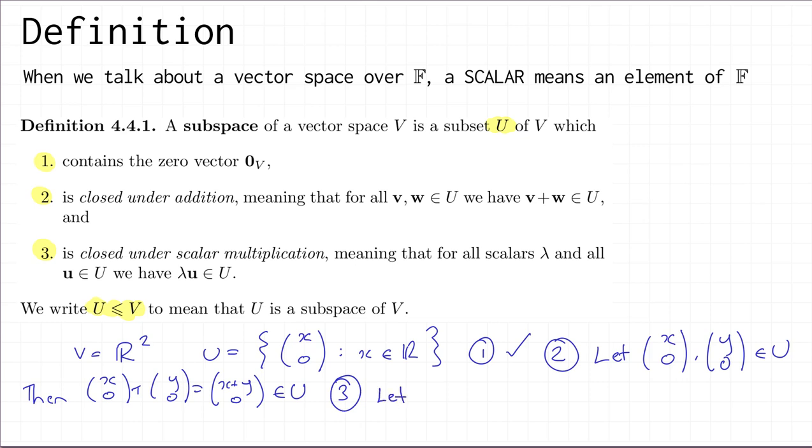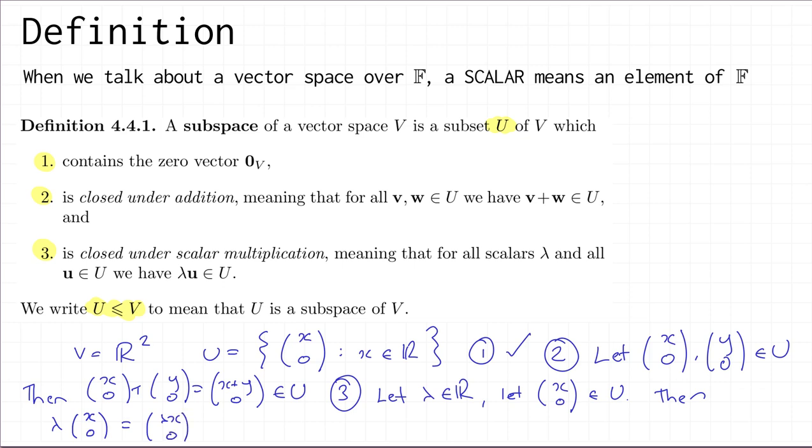So I have to choose any scalar lambda and any element of U, which I can write as (x, 0) for some real number x. Well, then if we work out the scalar multiple, lambda times the vector (x, 0), that is (lambda x, 0).